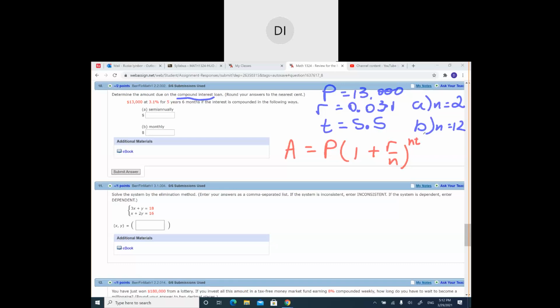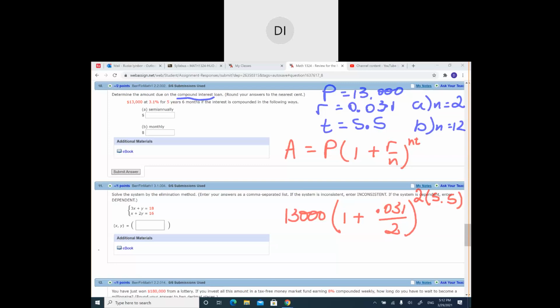Now we're going to plug in the numbers to get A. I plug in 13,000, and then 1 plus 0.031 over 2, with exponent 2 times 5.5. That's what I need to put in the calculator for the first answer.